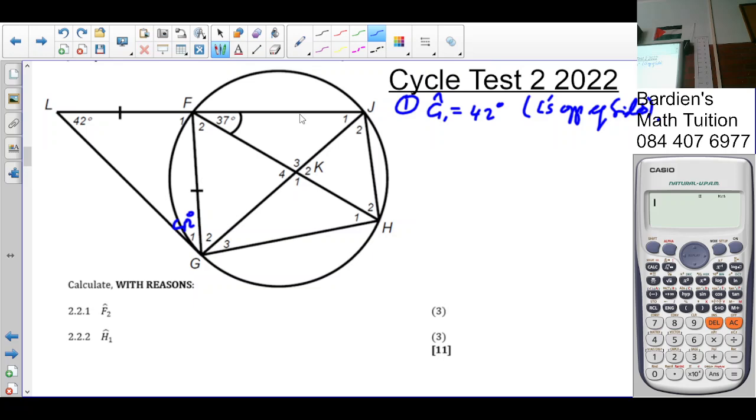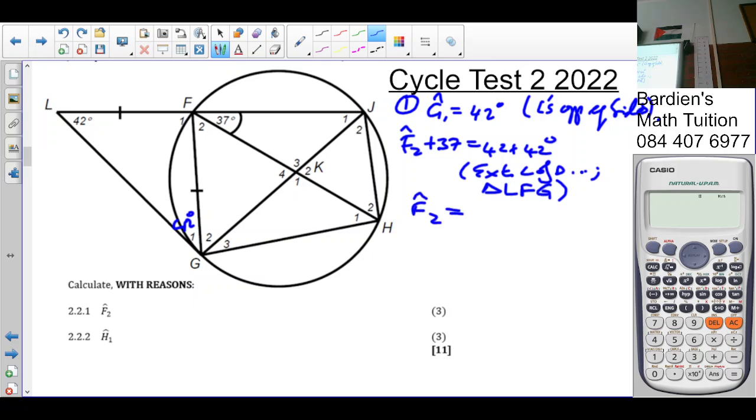Angle F2 plus 37 is equal to 42 plus 42. Why? Exterior angle of triangle LFG. You don't have to say this word. So angle F2 is equal to 42 plus 42, which is 84, minus 37. That is 47 degrees. This is F2, 47 degrees.